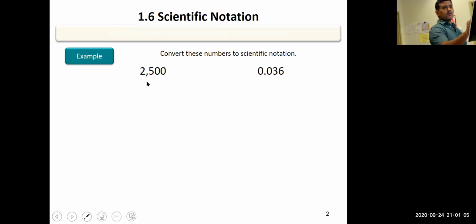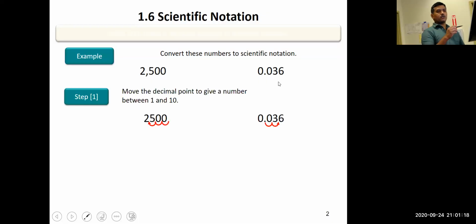And for this number 0.036, the number that you can find between 1 and 10 is somewhere between 3 and 6, right? So let's move the arrows towards those numbers. Depending on whether you're moving left or right, your exponent is going to be decided as positive or negative.